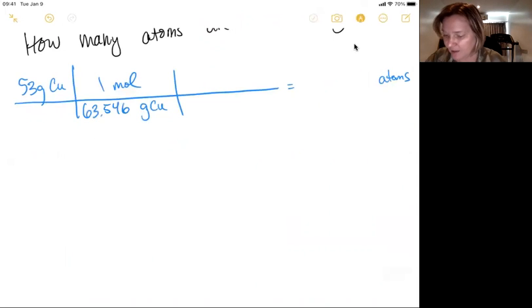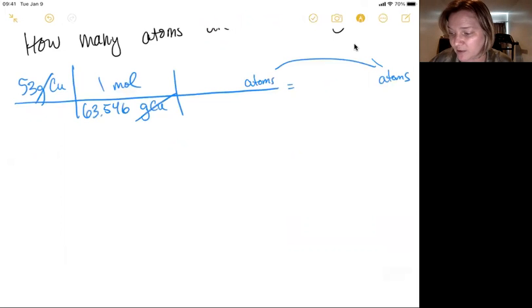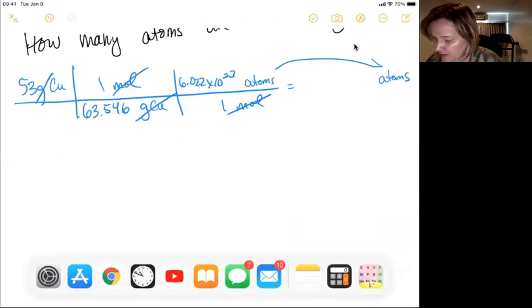Okay, cut my grams. And then I want atoms, and I have moles, so that's Avogadro's number. I want atoms on top to match where it is over here, and 1 mole on the bottom. Cut moles, get out my calculator.